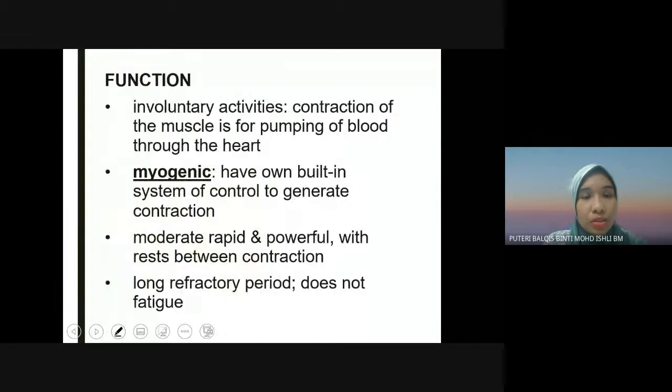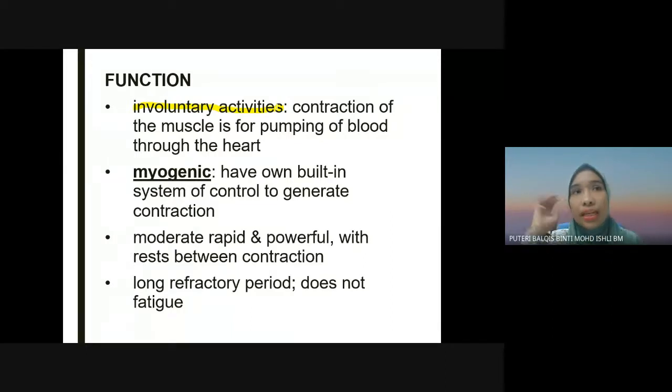So function of cardiac tissue is for involuntary activities, contraction of muscle, of course. Heartbeat kita tak boleh control. Maksudnya tak adalah kita suruh, okay, stop, kejap. Tak. Dia involuntary activities.